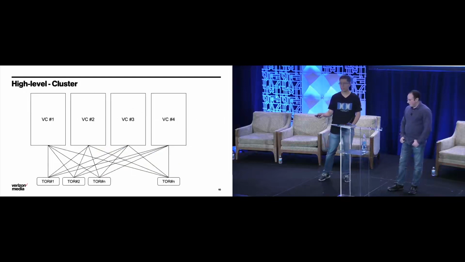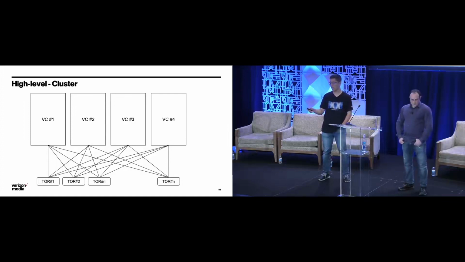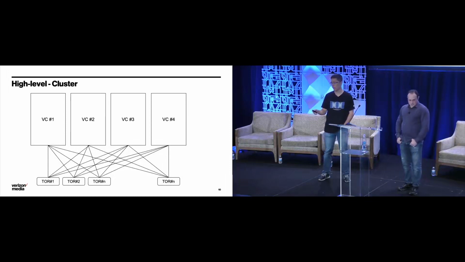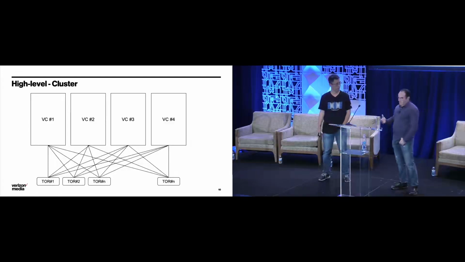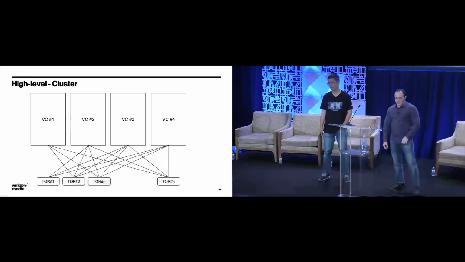So zooming down to each of the clusters, they have a number of VCs, and the typical number of VCs in our environment is 4. Each of the TORs is interconnected with each of these VCs. The number of TORs in each cluster varies, and the typical size is 512. The origin for this design was that we used to build 4-post networks made out of the 4 biggest switches you could buy on the market.